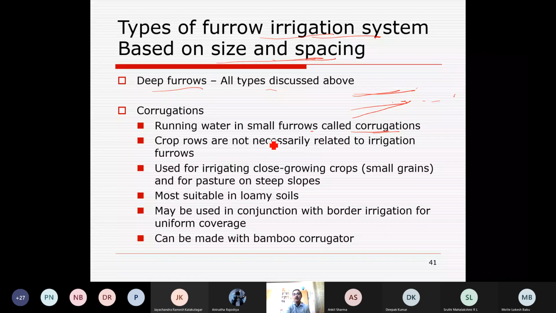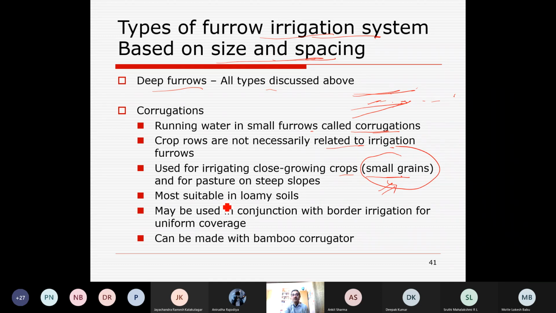Crop rows are not necessarily related to irrigation furrows, since it is an independent condition. The reason being it is changing in its size. It is used for irrigating close growing crops like small grains, potato or any other vegetable crops, maybe groundnut sometimes.